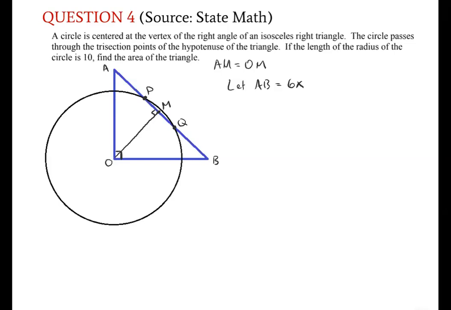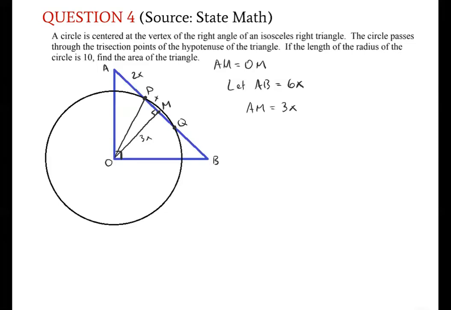Okay, so we're just gonna let AB equal to 6x, and that just means that AM is half of that, so 3x, and that means OM is also 3x. And if we connect O to P, then we know that AP is 2x and PM is x.